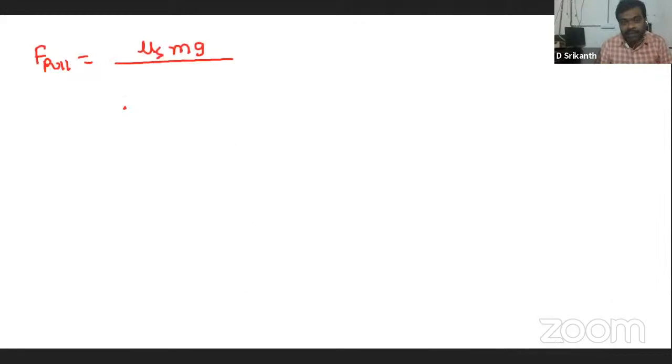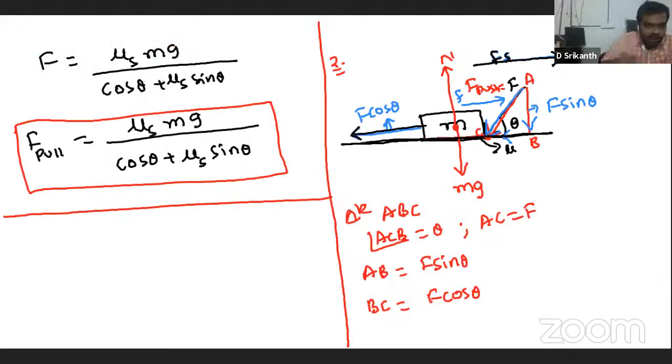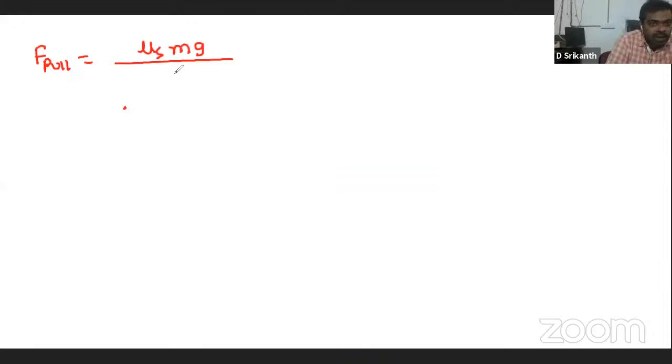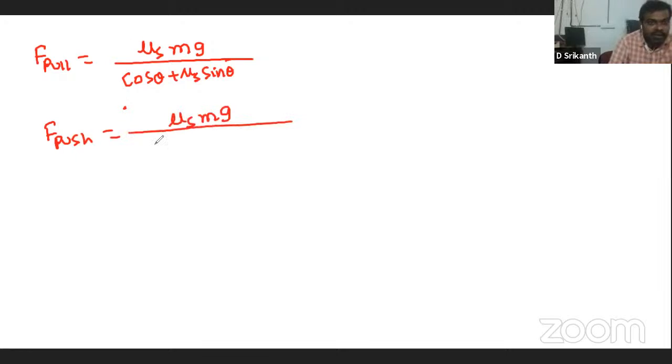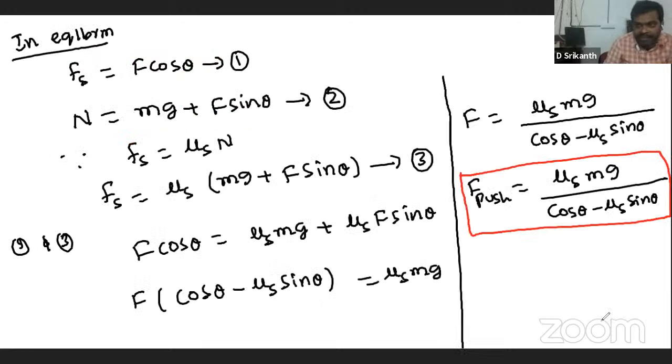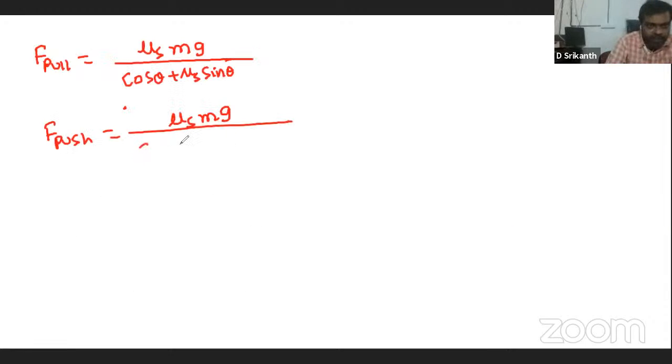Okay, so for the pulling force you can see we are having the formula mg by cos theta plus mu s sin theta. For the pushing force it is mu s mg by cos theta minus mu s sin theta. See the difference?